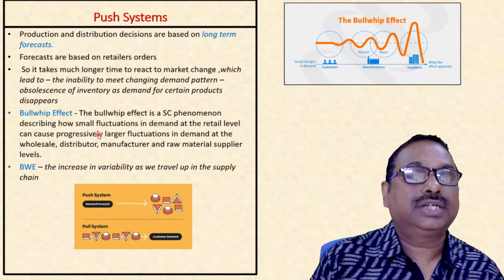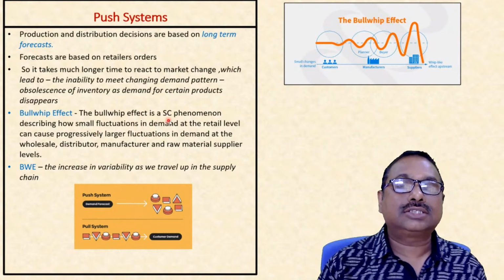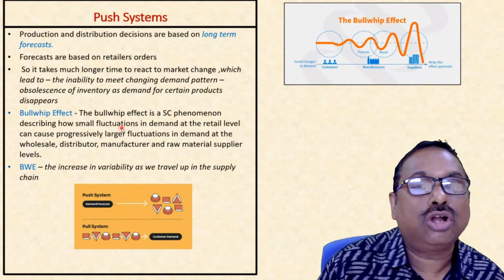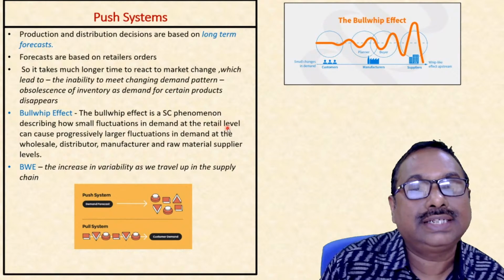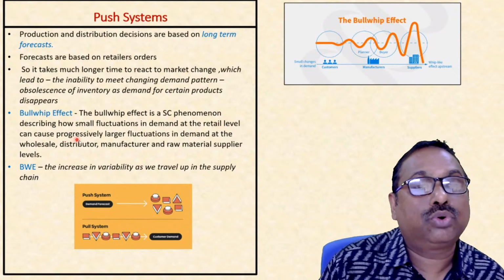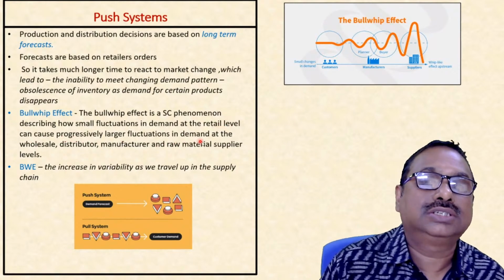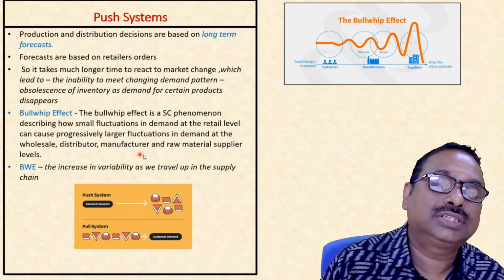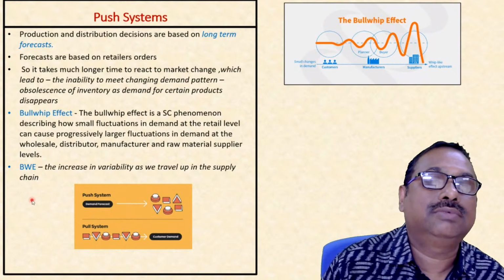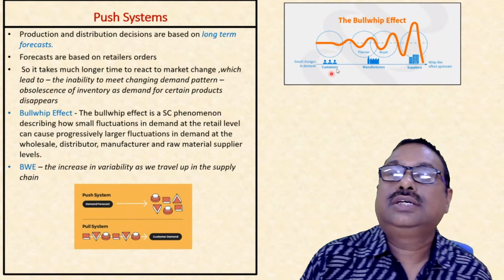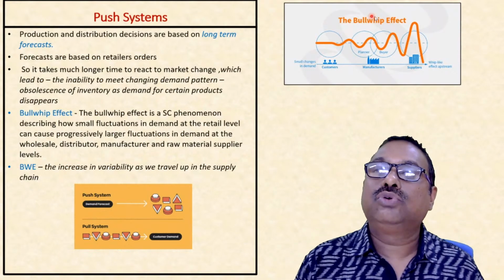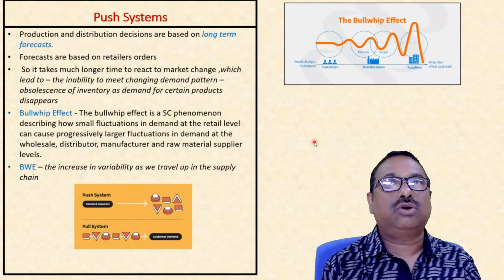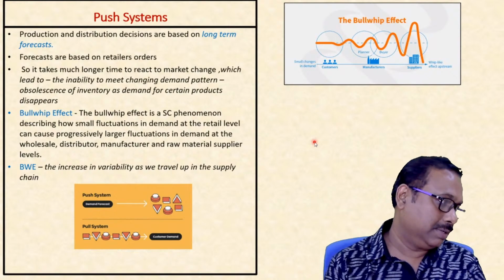Next is bullwhip effect. The bullwhip effect is a supply chain phenomenon describing how small fluctuations in demand at the retail level can cause progressively larger fluctuations in demand at the wholesaler, distributor, manufacturer, and raw material supply level. If we see this figure, the bullwhip effect was actually coined by Procter & Gamble company.